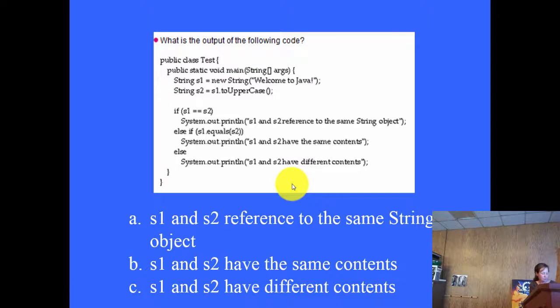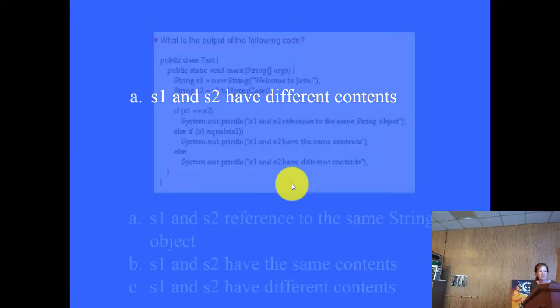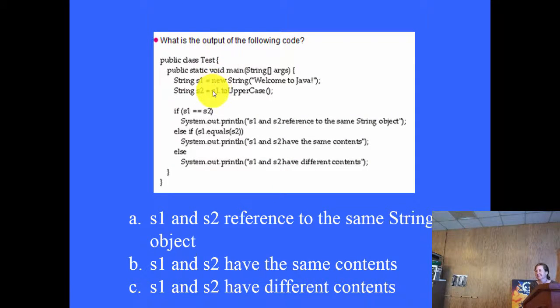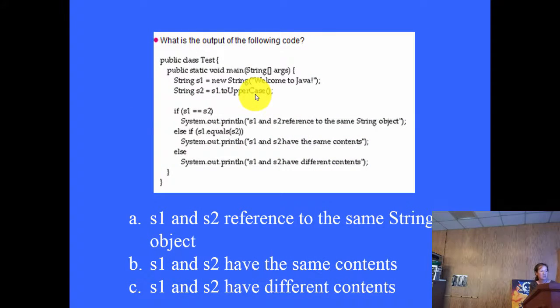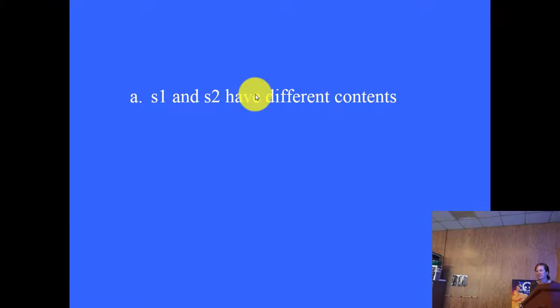And that is true. And does everyone realize why? When it changes it to uppercase, do I have different contents? Oh, I just put the wrong A there, but it is C. Okay.